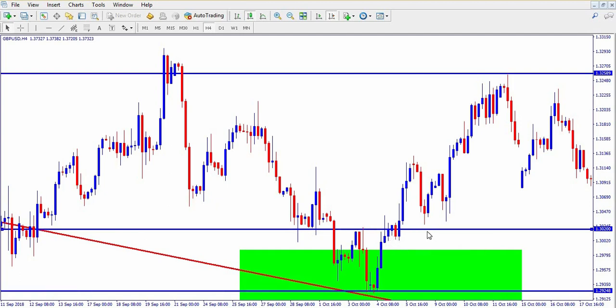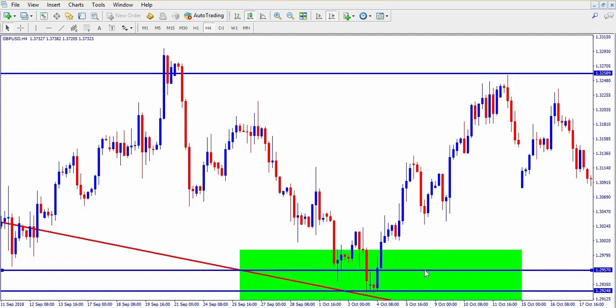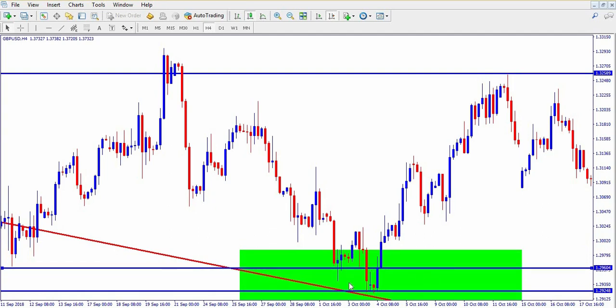But from the 4 hours time frame, I would have executed my trade at this point. Why? This is a bullish momentum engulfed this candle. So engulfed this guy here, and this guy looks somewhat like a hammer. So the clear sign that it's a buyer's market.